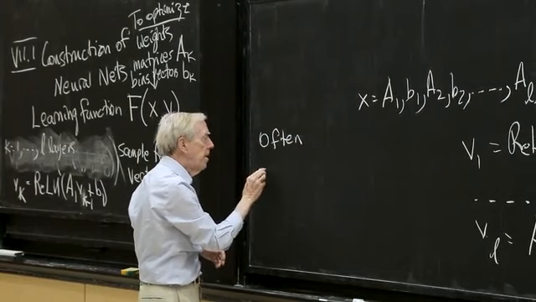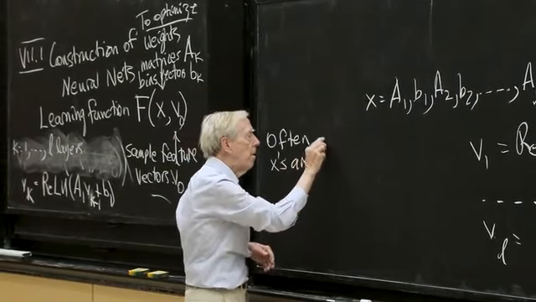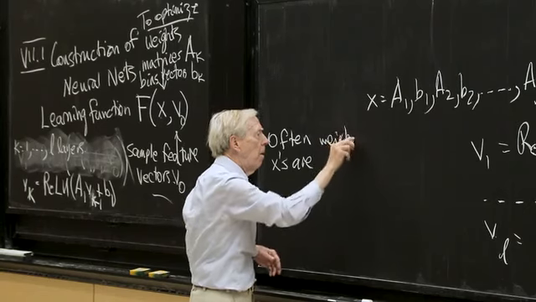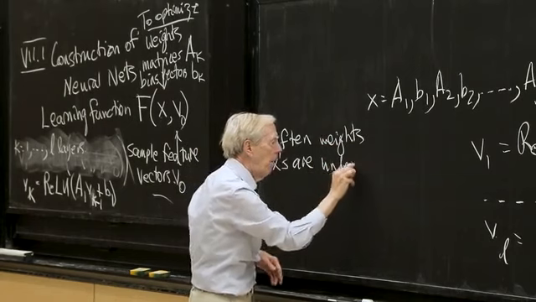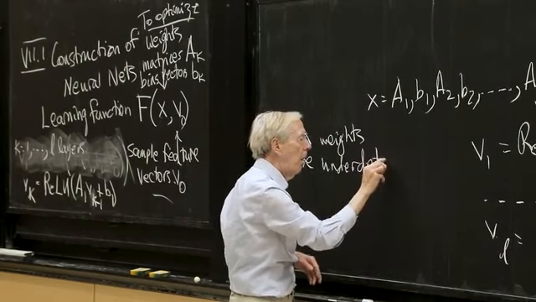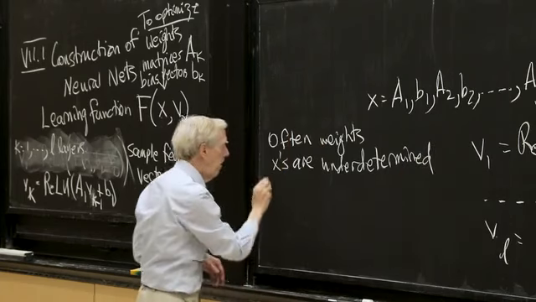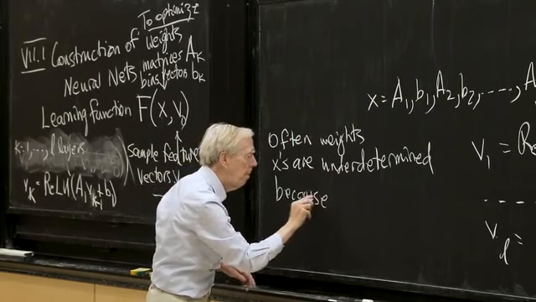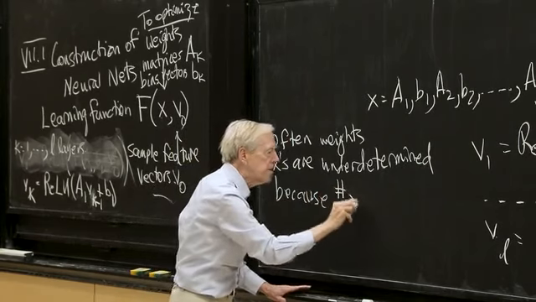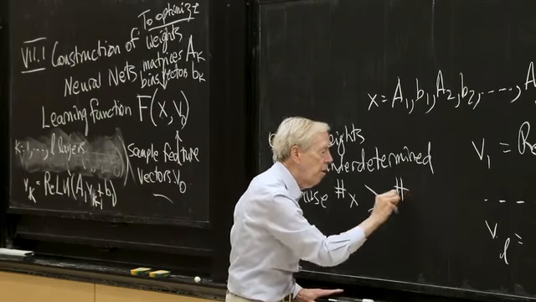So often, I'll just write that. Often the X's, the weights, are underdetermined because the number of X's exceeds, and often far exceeds, the number of V's.